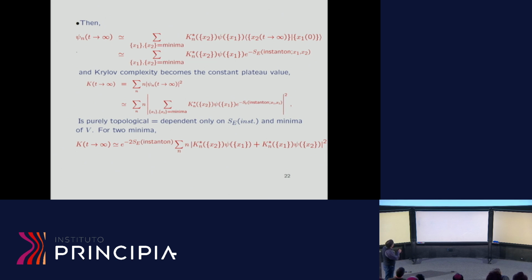It's purely topological, depends on the instanton action and on the minima of the potential. In the case of two minima, I wrote this slightly more explicitly. So it looks rather simple. The problem is it seems to be hard to work with.